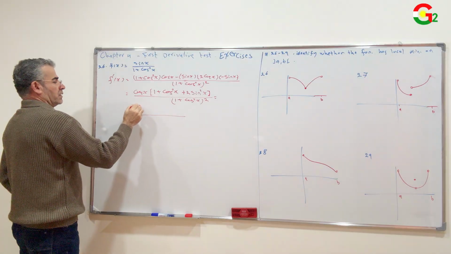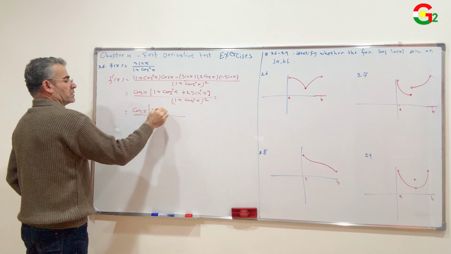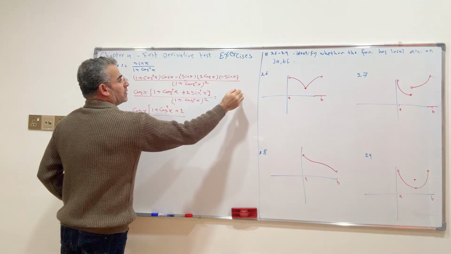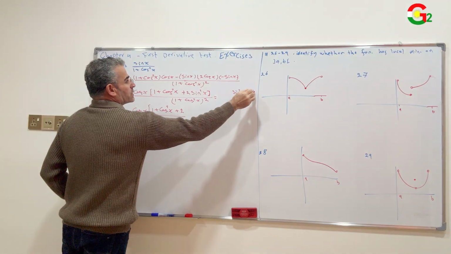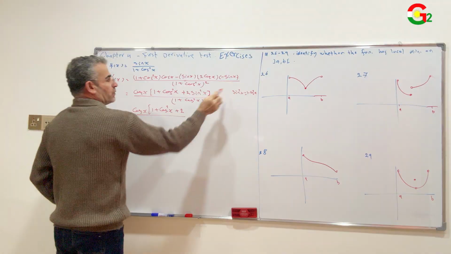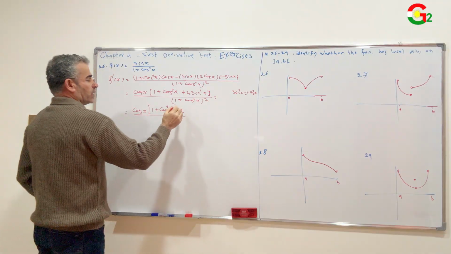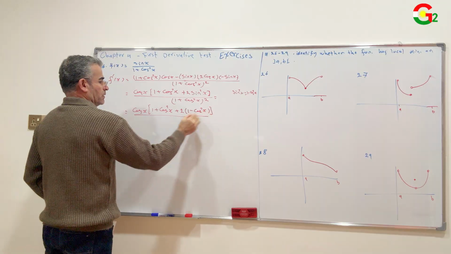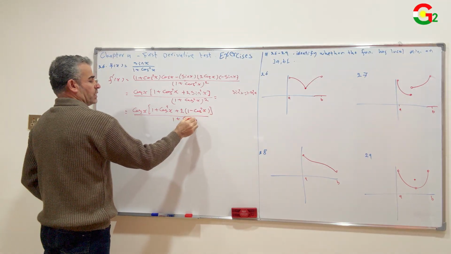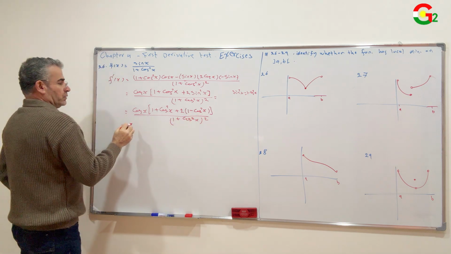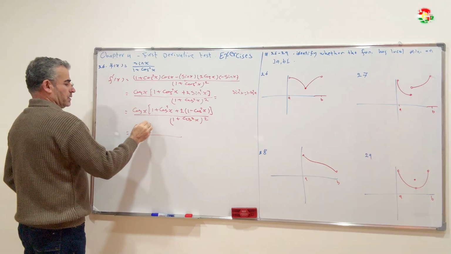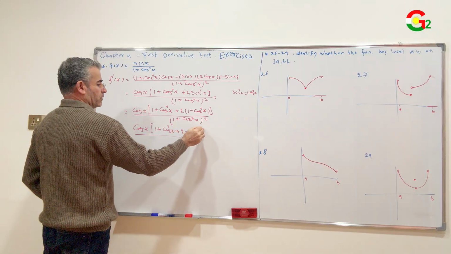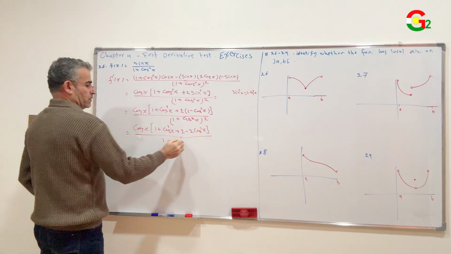Sine square x equals 1 minus cosine square x, so substitute 1 minus cosine square x for sine square x: cosine x times 1 plus cosine square x plus 2 minus 2 cosine square x, over 1 plus cosine square x all square.